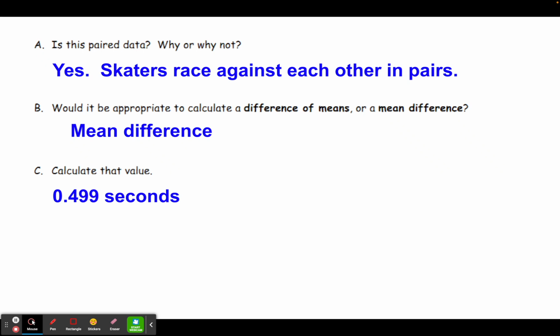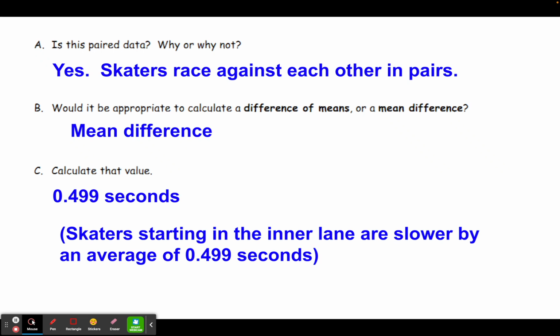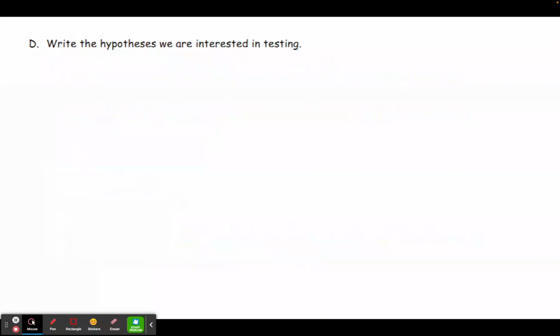Now, if you didn't remember that, you could do it again pretty quickly with your calculator, but we did that earlier in the chapter. So that 0.499 seconds then essentially is going to be our test statistic. And remember that the positive difference of 0.499 seconds indicated that skaters that started in the inner lane are slower by an average of 0.499 seconds.